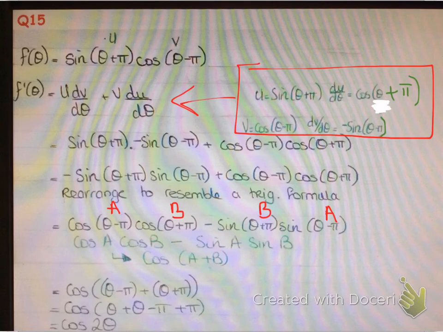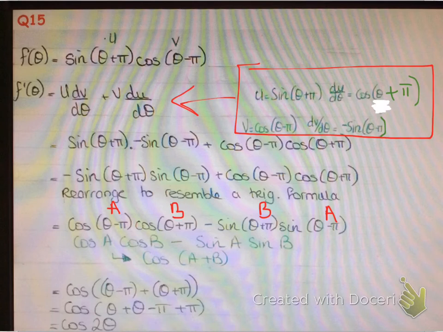So we're looking for the formula cos A cos B minus sine A sine B. Alright, and if you look into page 14, you'll see that that's the formula for cos of (A plus B). So we know that A is theta minus pi and B is theta plus pi, so just sub it into that formula. You're going to get cos of (theta minus pi plus theta plus pi).